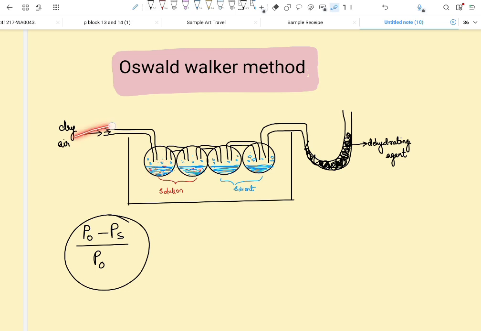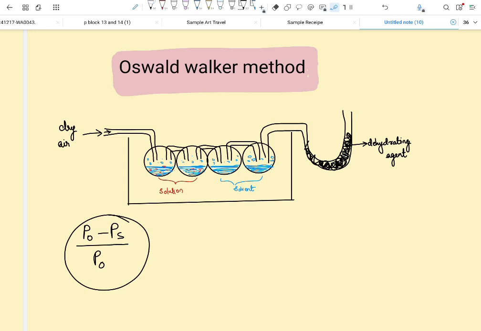So when dry air is passed, for example if you take water, the moisture content from the vapor will be absorbed by the dry air. The rest of the dry air will move, because dry air always has a tendency to diffuse, so it will pass to the next content, which contains solvent.